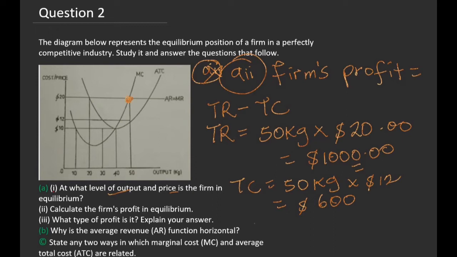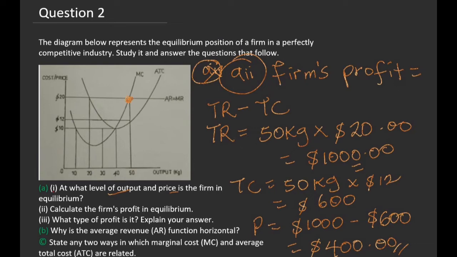The profit, therefore, will be $1,000 minus $600. This will give me $400. Okay, this is the answer for A(ii).